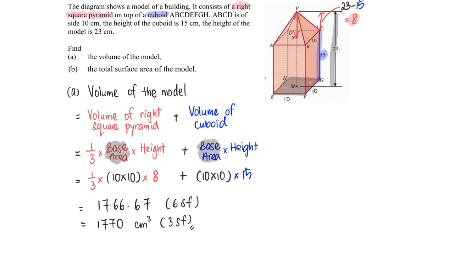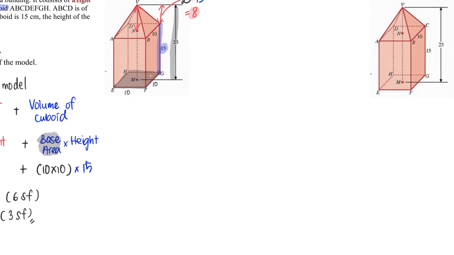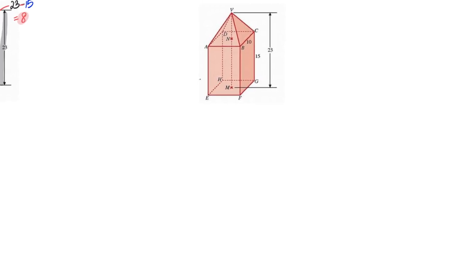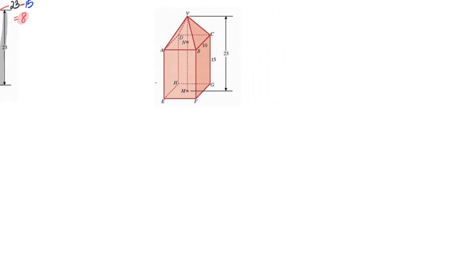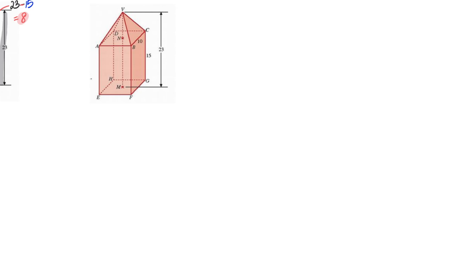So for part B, let me just shift to the other side with this same diagram. I'm going to move this diagram here now, and let's analyze. To find the total surface area, at the top, how many triangles do I see here?